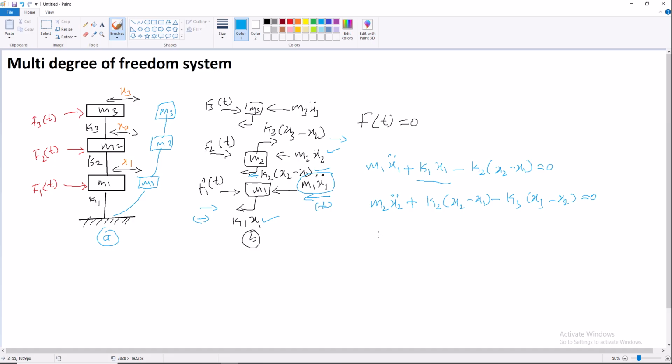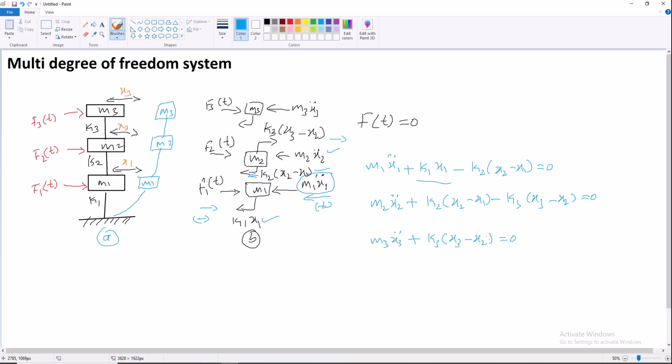Now I consider the third one, m3 x3 double dot plus k3 times (x3 minus x2), which is equal to 0. So this is the equation of motion for a multi-degree of freedom system by referring to the free body diagram of the 3-story structure.